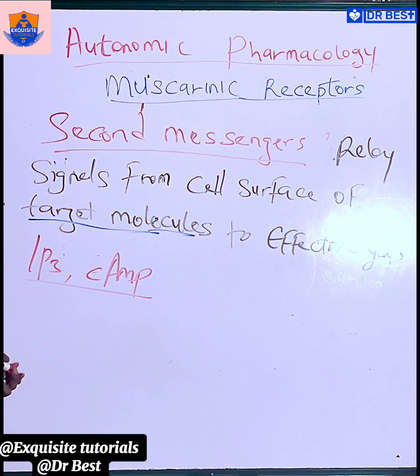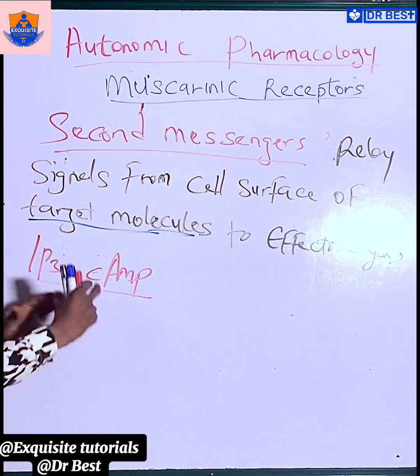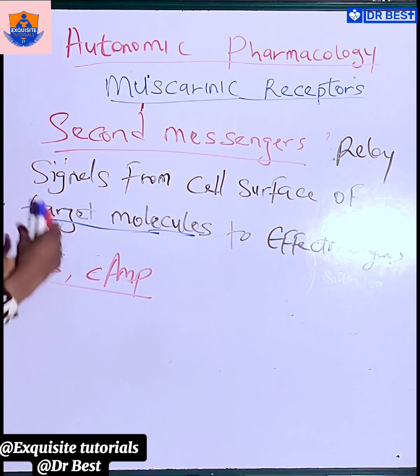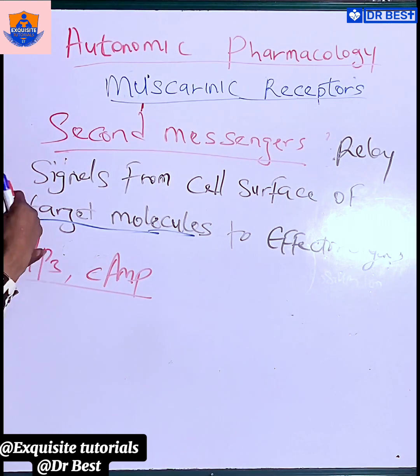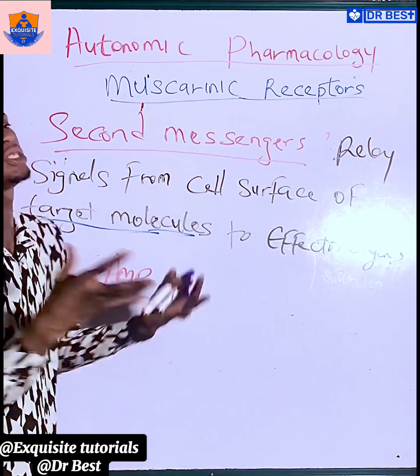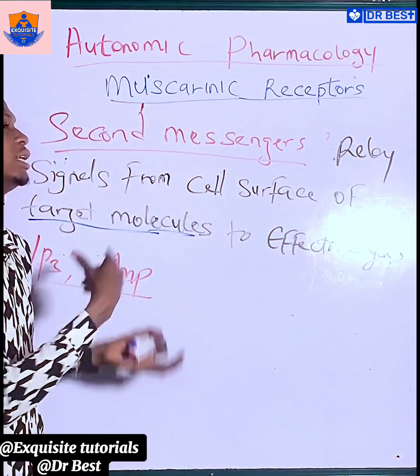Now, we talked about inositol triphosphate, IP3, when we are talking about phospholipase C. So since phospholipase C is going to increase the formation of IP3 by converting inositol 4,5-bisphosphate to IP3 and DAG, what is now the function of IP3 and DAG?